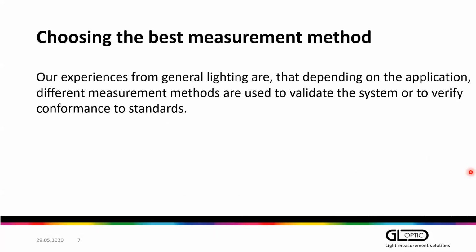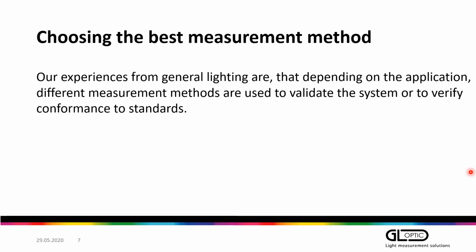So I'm presenting now something that is obvious for general lighting purposes, but with this twist towards the UV, which is quite specific. We know from general lighting applications that depending on the subject or the test object, we can make different kinds of measurements.